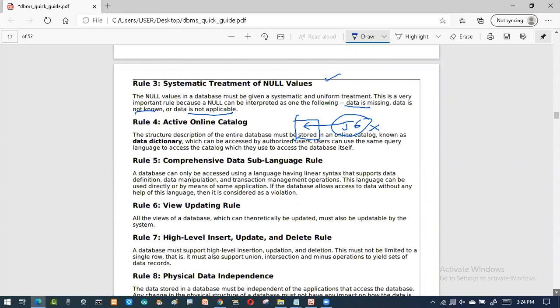Now coming to the fifth rule, the comprehensive data sublanguage rule. As I told you just now, I know Telugu and the other person knows French. If I want to speak with that person, I need to learn French, or appoint a mediator, a translator from Telugu to French. At the other end, the person knows only French and cannot speak Telugu, so he also needs the translator.